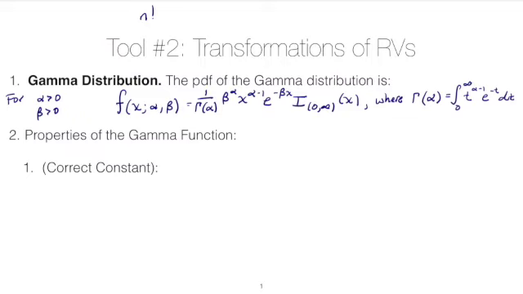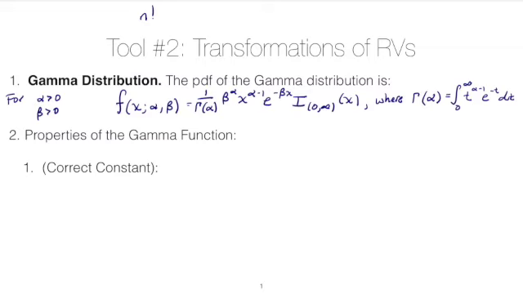But really, for our purposes in probability theory and statistics, the gamma function is really just the function that makes this PDF integrate to 1. So we really don't have to know too many properties about it once we get up and running and start using the gamma function.